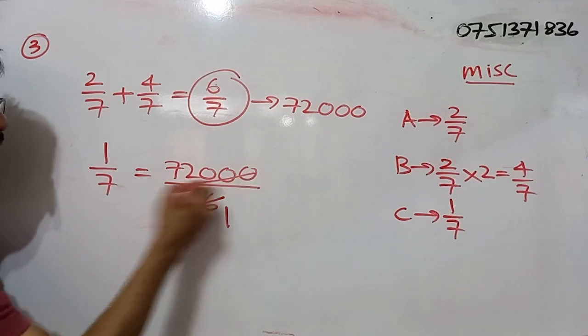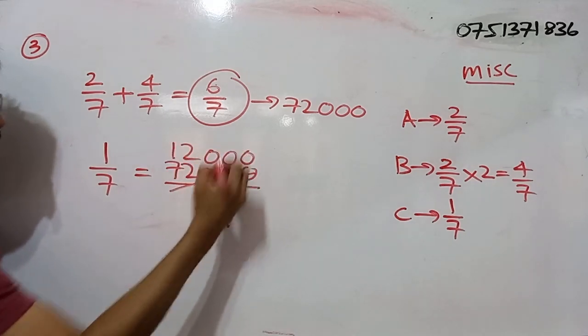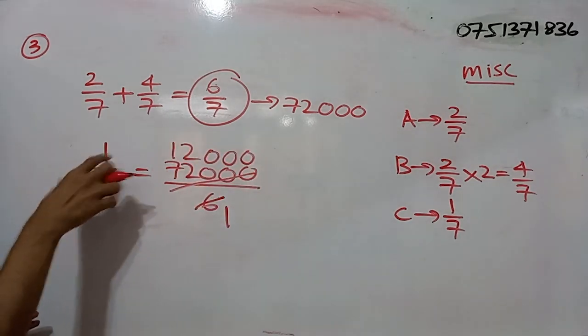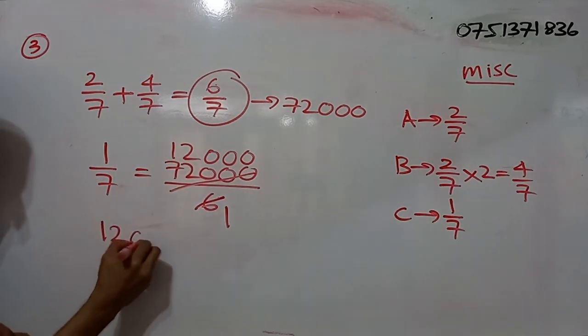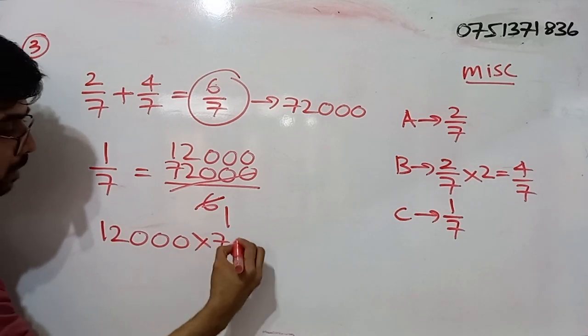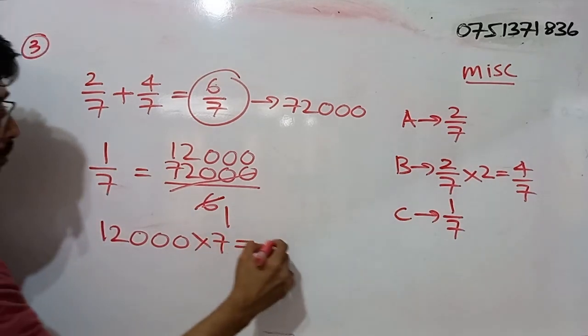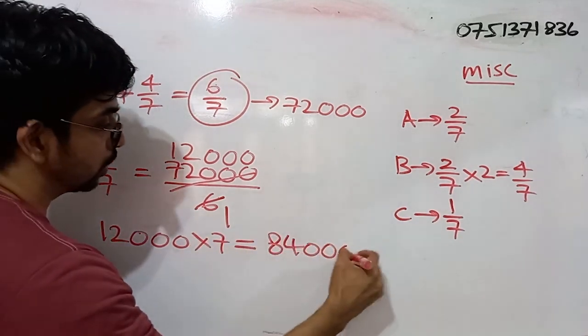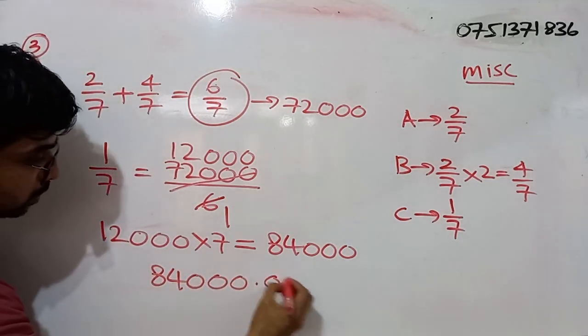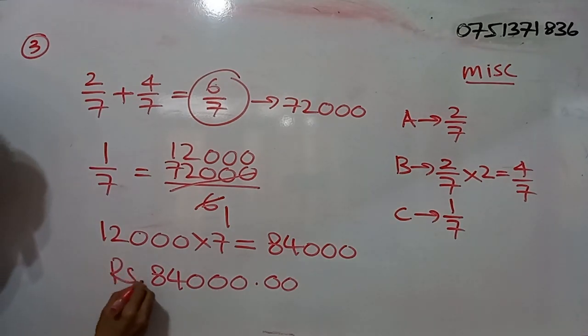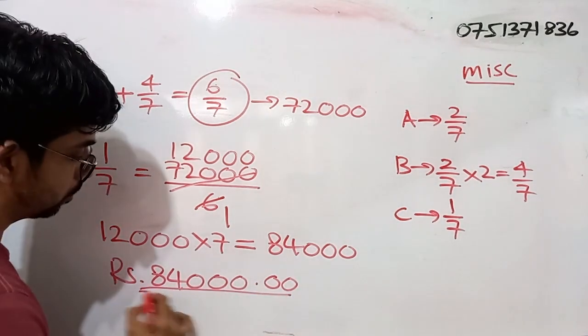So 6 times 1 and 6 times 12. So 1/7 is 12,000. Then what will the total value be? 12,000, I have to multiply that by 7. Then what will I get? 84,000 rupees. So that is the answer.